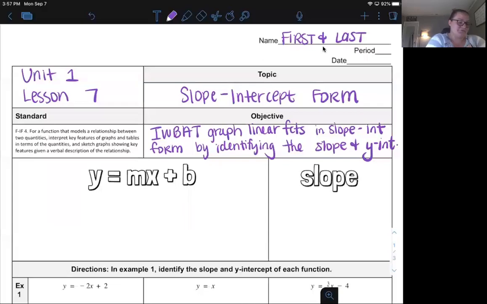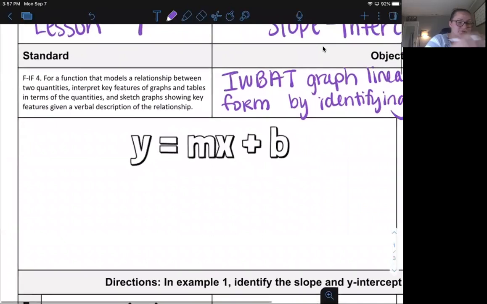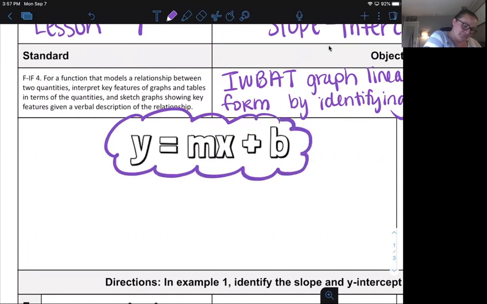So what is slope-intercept form? Well, slope-intercept form is the form of an equation that looks like y equals mx plus b. So this right here is slope-intercept form.